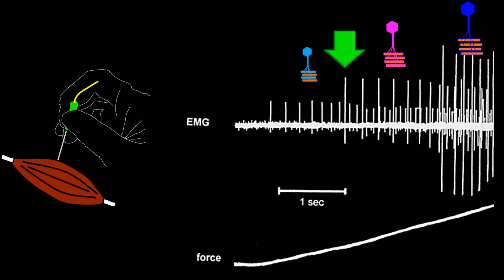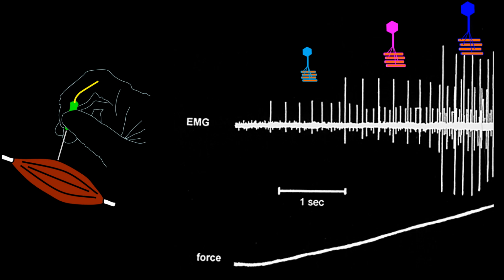As the contraction increases, taller spikes appear. These spikes correspond to bigger motor units and occur due to the recruitment of larger motor neurons. And when the contraction becomes even stronger, even bigger motor units are recorded due to recruitment of even bigger motor neurons.